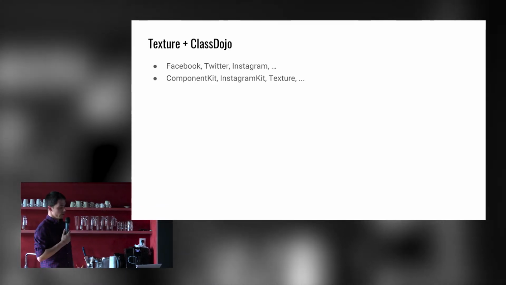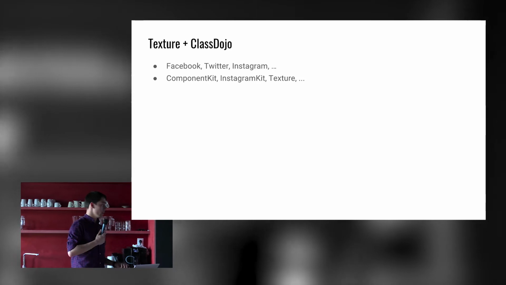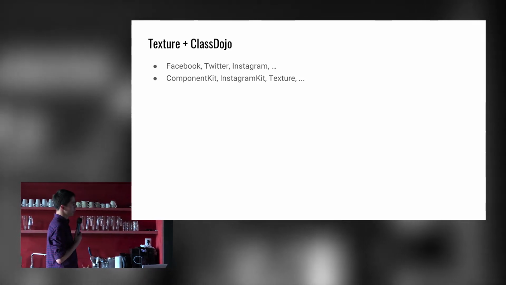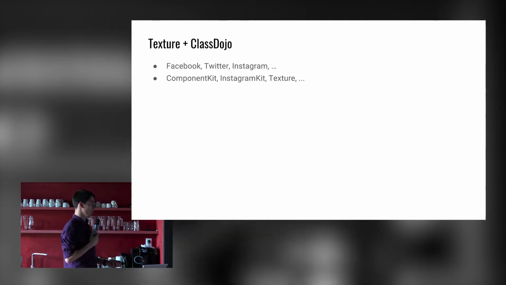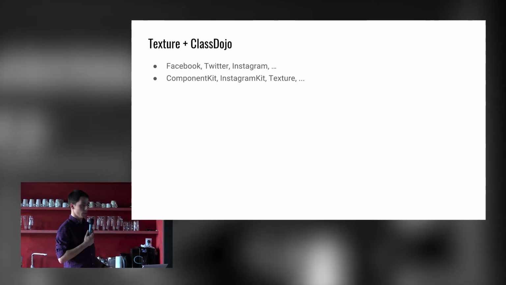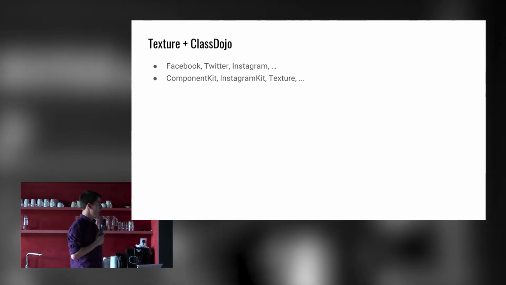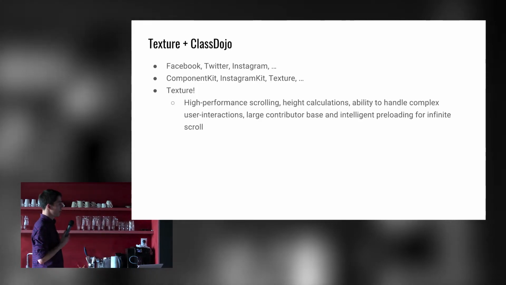We tried and looked at a few of those libraries and built some examples to find which one would be the best for us. ComponentKit, IGListKit. Maybe you tried some of these. And we decided on Texture. Why?